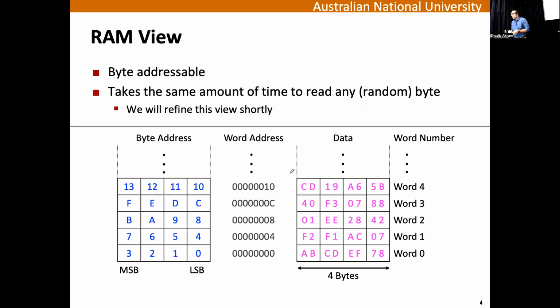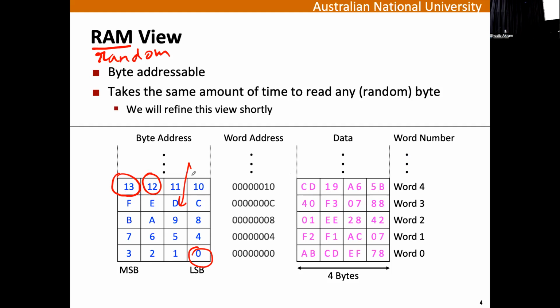This is the view of RAM that we would like to have. We can address an individual byte. Each of these bytes has a number, an address: 0, 1, 2, 3, 4, 5, 6, 7. The reason we call it RAM, or random access memory, is that it doesn't matter which byte you want to access, it takes the same amount of time.